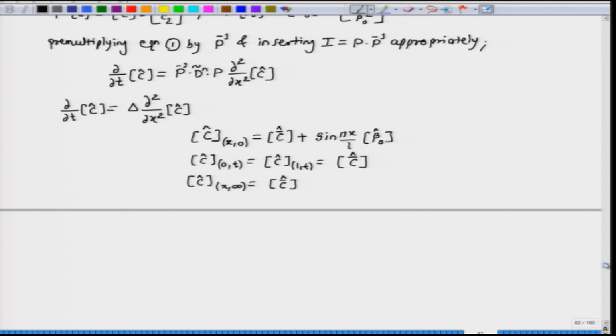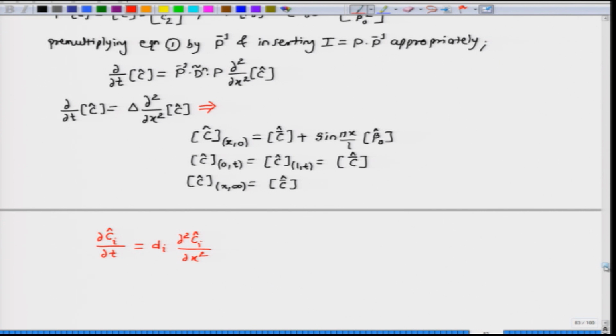So if we expand this equation in terms of the individual components, we get an equation of the form ∂Ci cap/∂t should be equal to di times ∂²Ci cap/∂x².